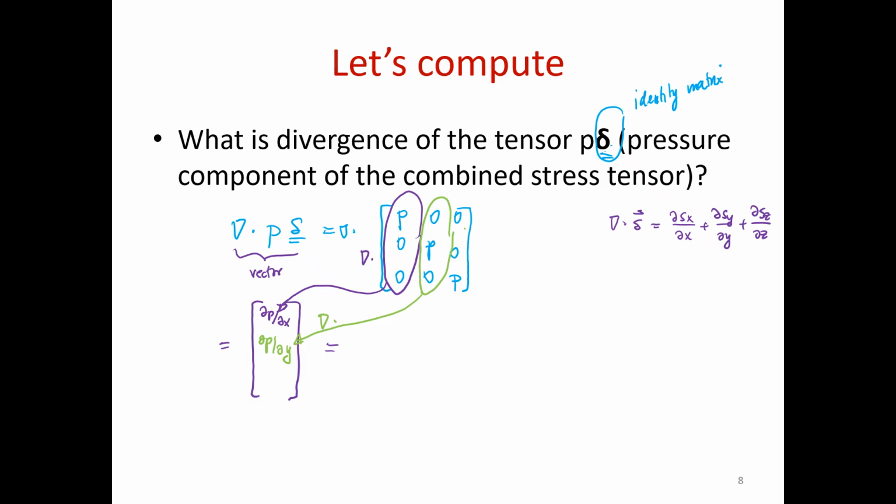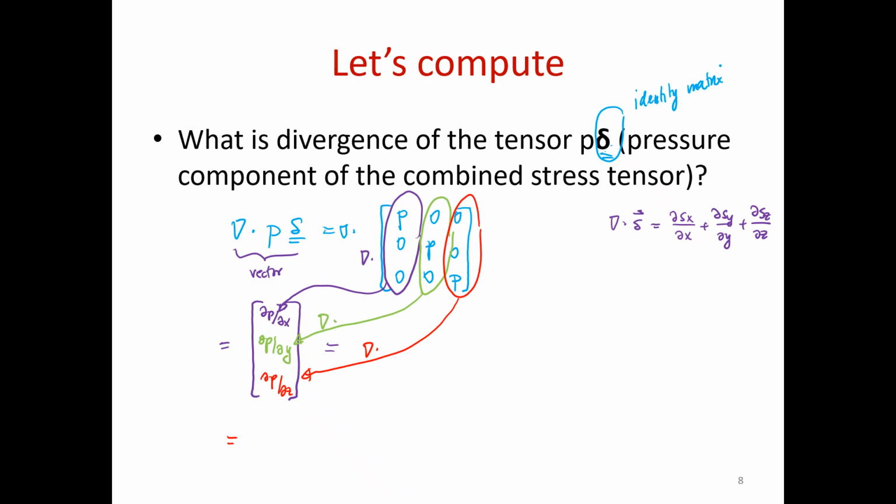What is the third column? dp/dz. So what is this? If you want tables, you will see that you got the x, y, and z coordinates of the gradient.